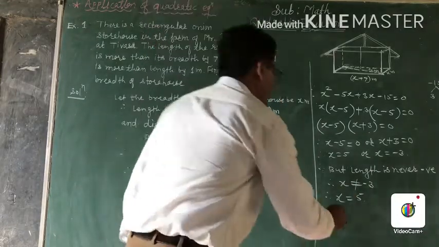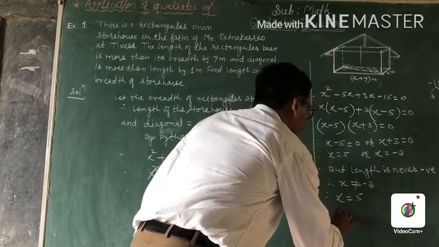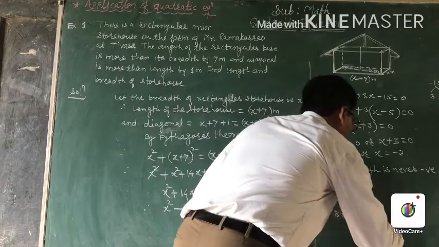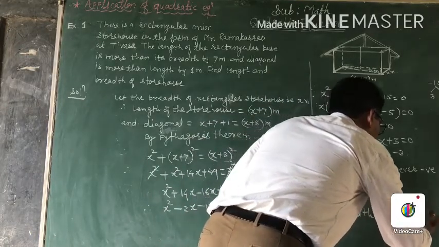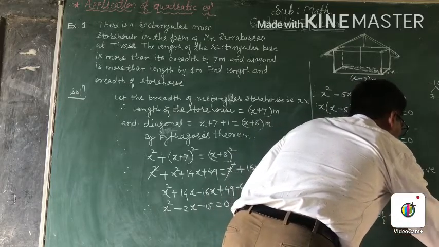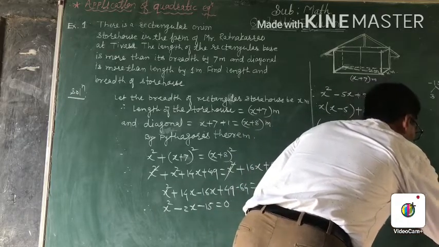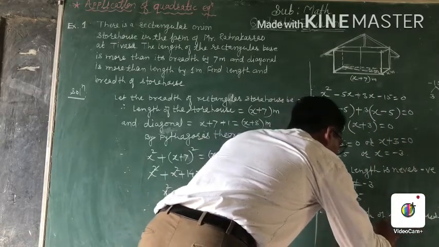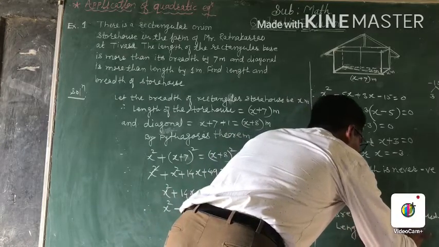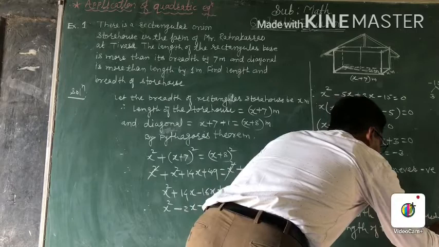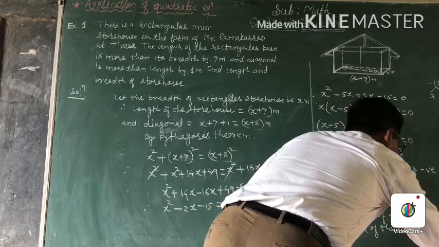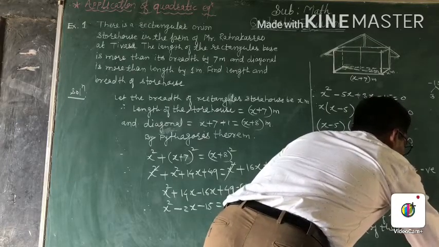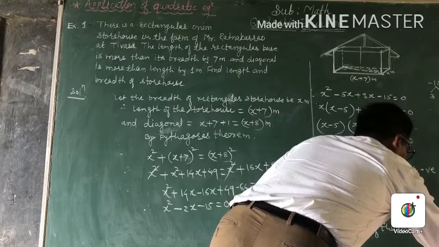Therefore, the breadth of the storehouse is equal to x, which means 5 meter, and the length of the storehouse is equal to x plus 7, which means 5 plus 7 is equal to 12 meter.